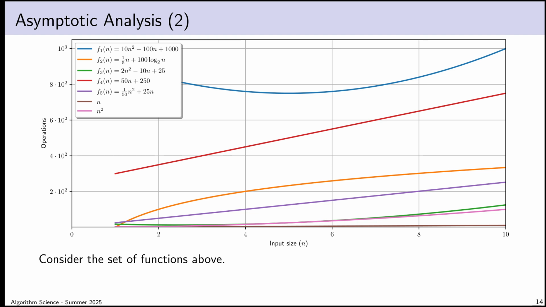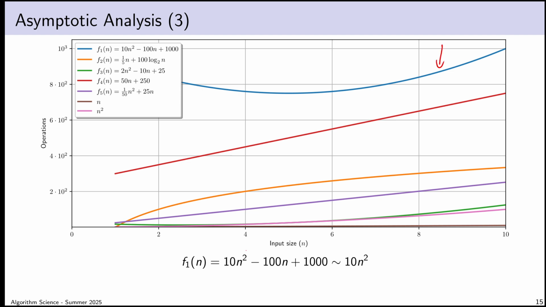I hope the color resolution on your monitor is nice because there are a lot of different colors in this plot. But don't worry, we don't care that much about any of these functions. I just want to show what happens as I zoom out. So I have this huge stack of functions. I'll run through them. So I've got f1, that would be this line here, is 10n squared minus 100n plus 1,000. And of course, we can see that that asymptotically approaches 10n squared.